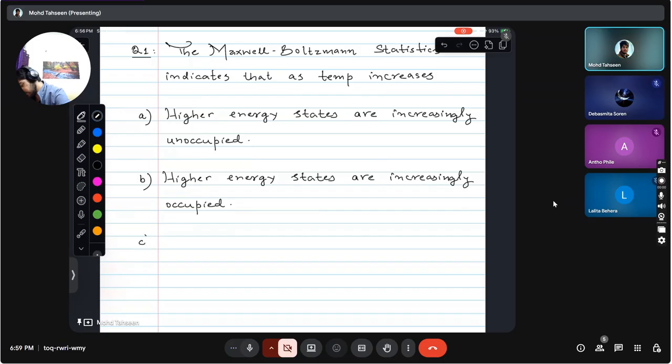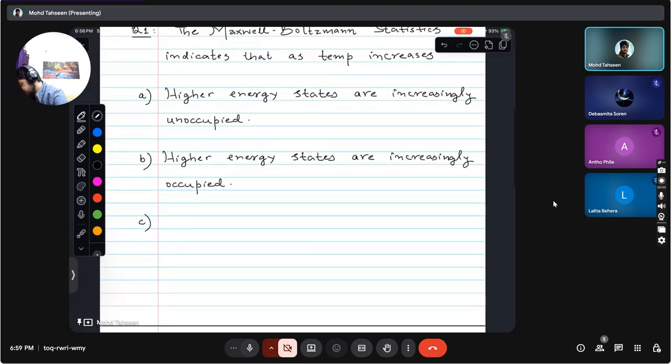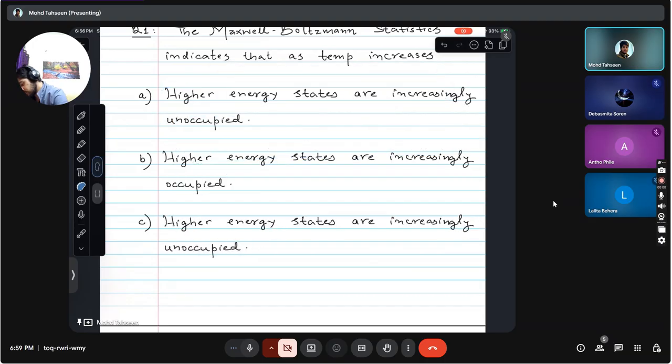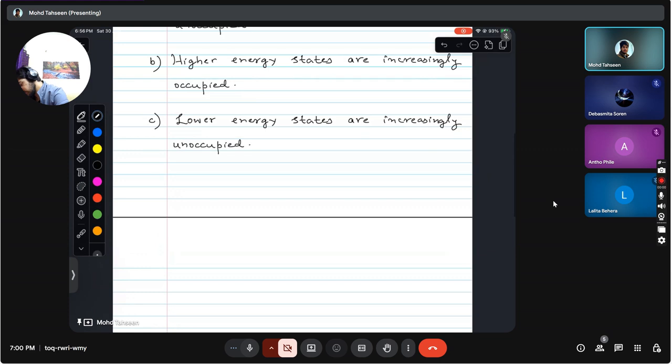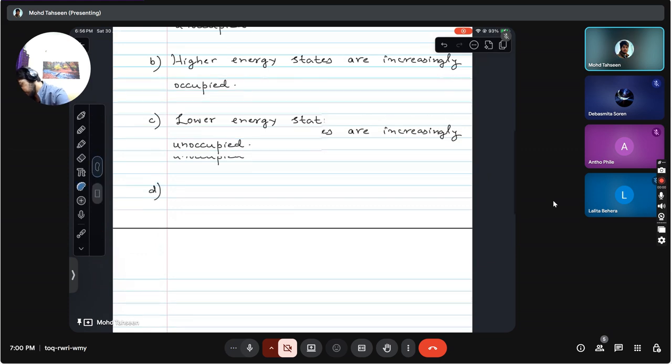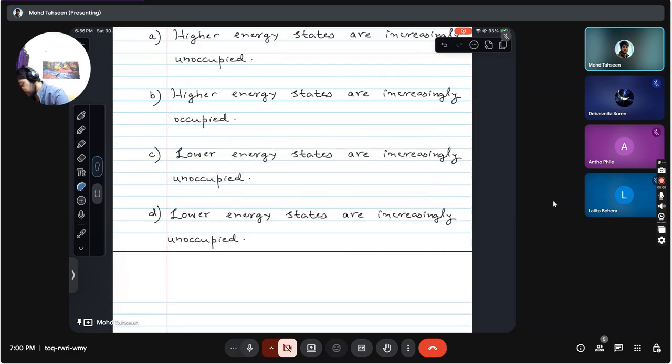Option C, lower energy states are increasingly occupied, and option D is that lower energy states are increasingly unoccupied. So what should be the correct answer here?